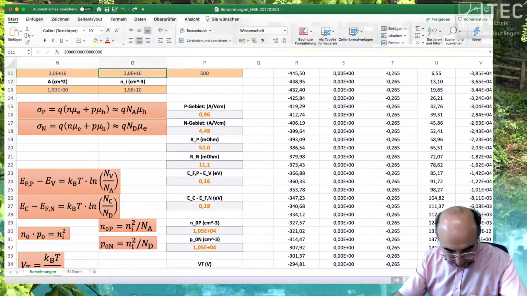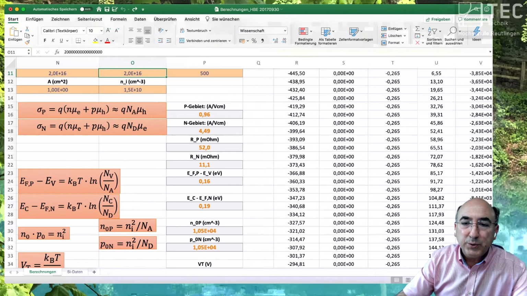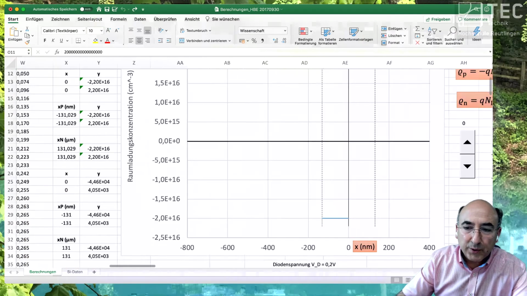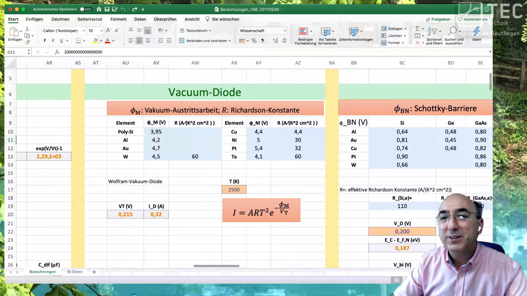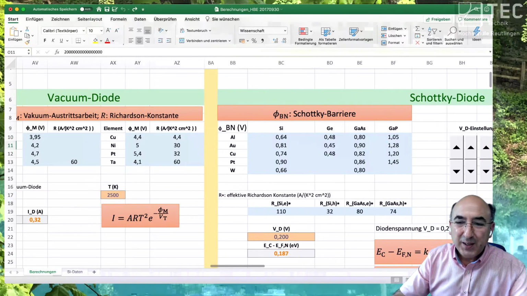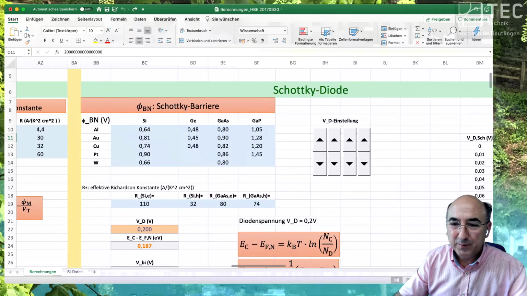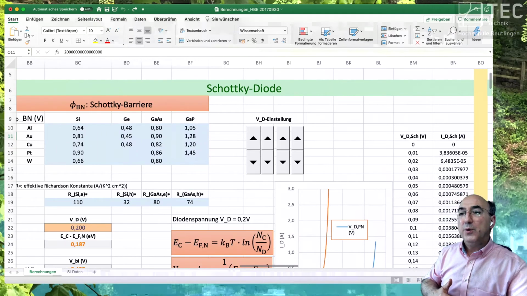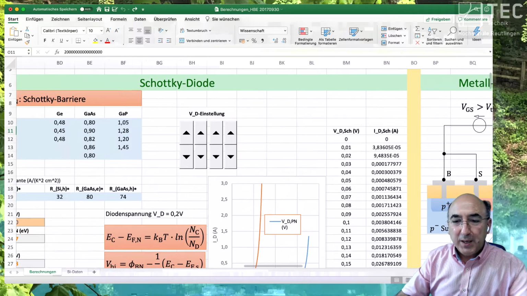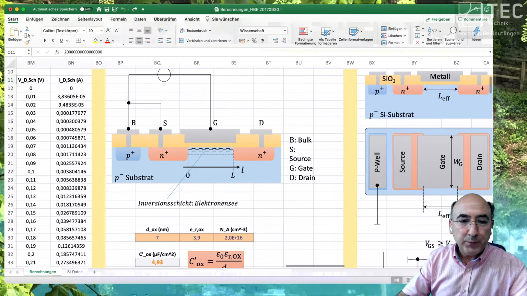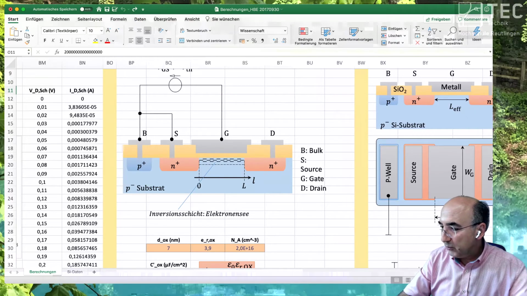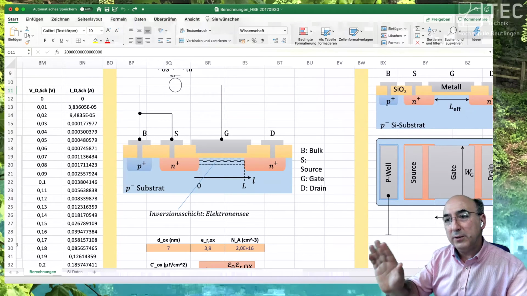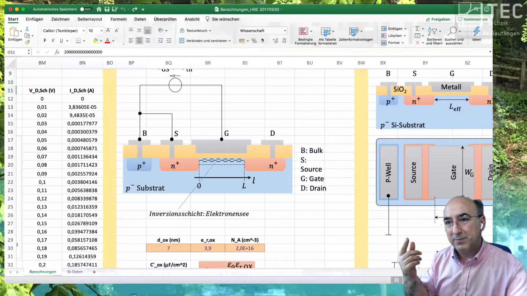Now I want you to give me your opinion, your professional guess. What happens first from your stomach? What happens if we increase the oxide thickness? Don't take a look into the equations. What do you think?